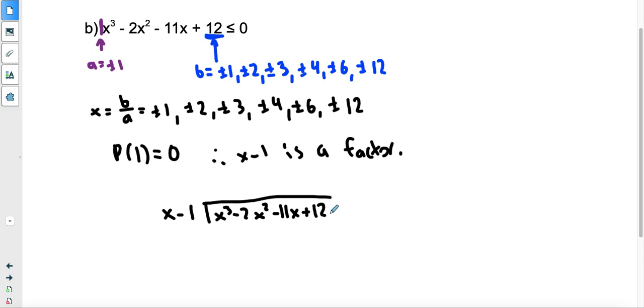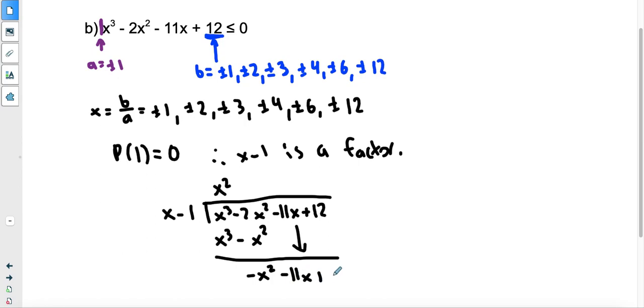Let's do it. So again, I'm going to quickly go over this. Okay, x times x squared gives me x cubed. If I multiply this by x squared, I get this. Now if I subtract these two, x cubed minus x cubed will cancel out. Negative 2x squared minus negative x squared is going to give me negative x squared. And then I'm going to bring the negative 11x plus 12 down.